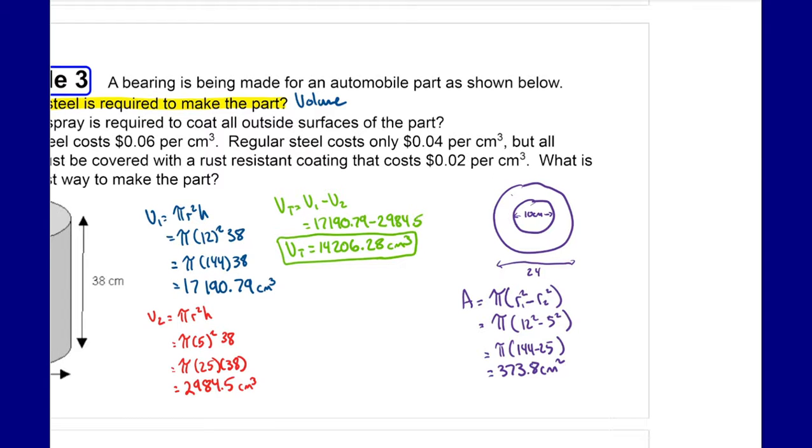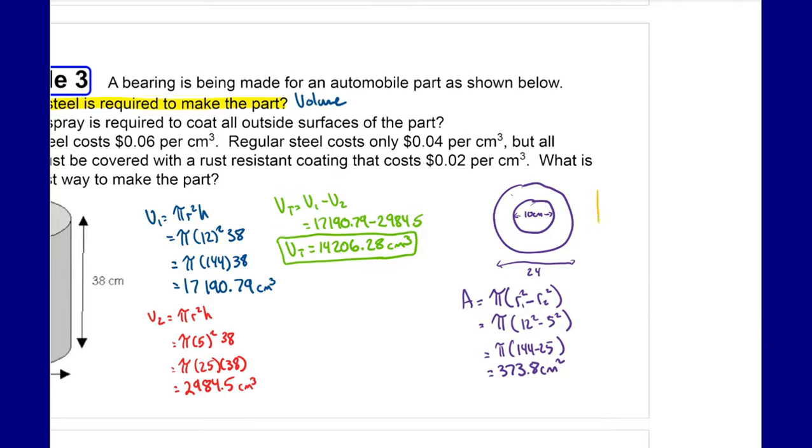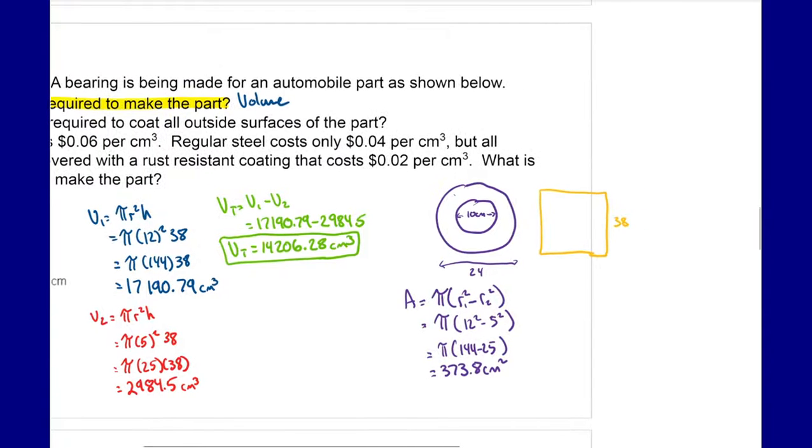The rectangular surface again goes all the way around. So that means the width, we know the height is 38. The width is our circumference, because it goes all the way around the circle. So in this case, do a small side calculation.